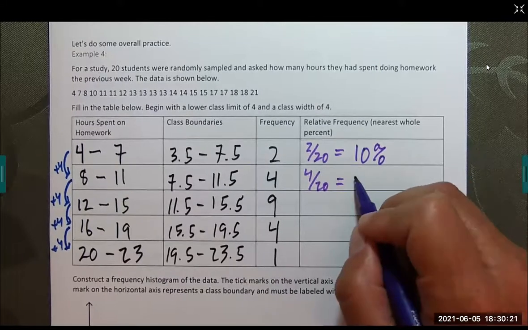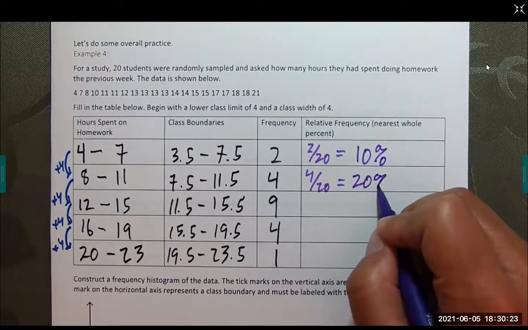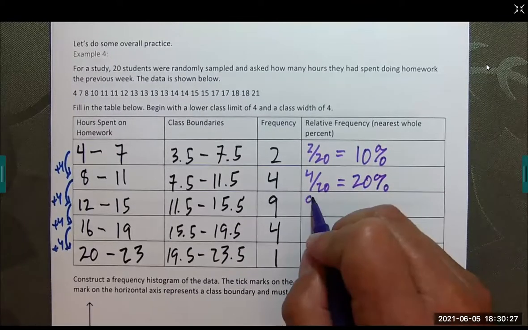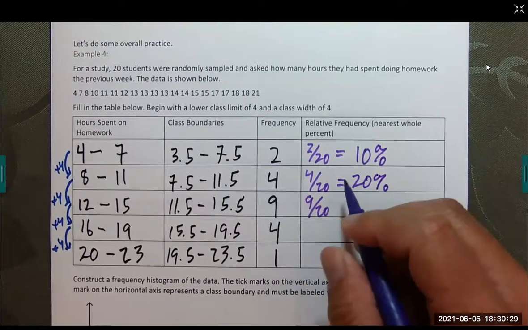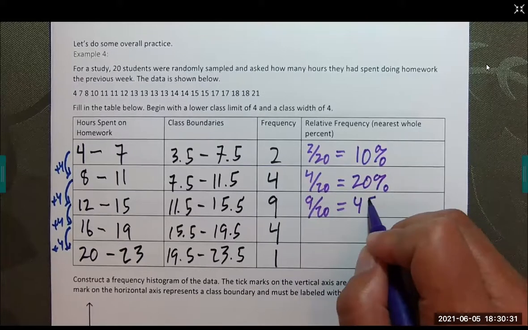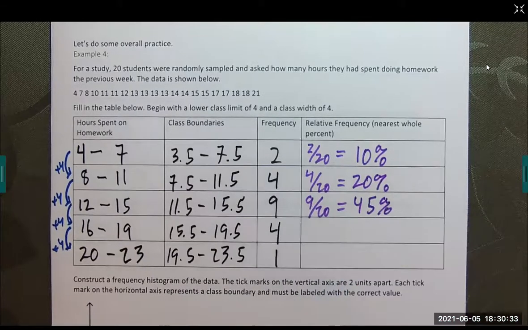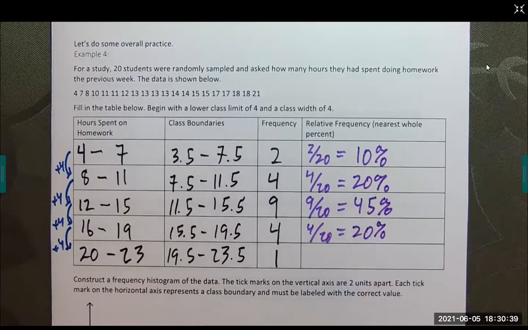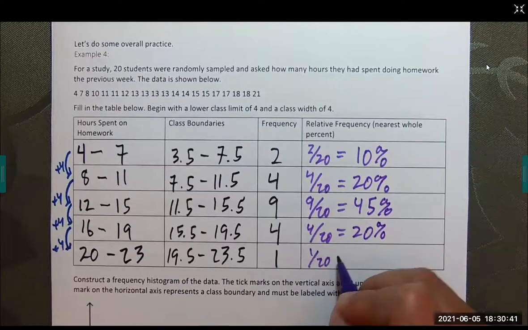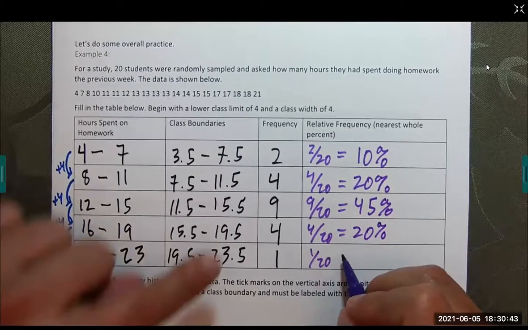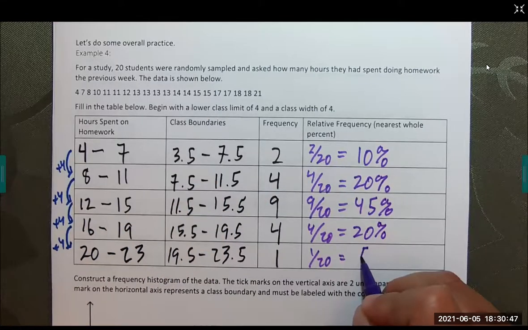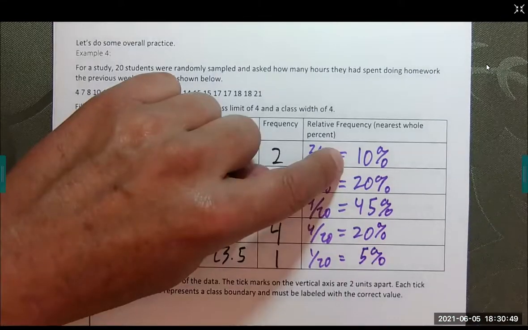It's going to be 20%. And you can divide that out with a calculator. 9 over 20 gives us 45%. 4 over 20, we've already done, that's 20%. And then 1 over 20 is going to be half of that one. So that's going to be 5%. And if you added all that up, you would exactly get 100%.